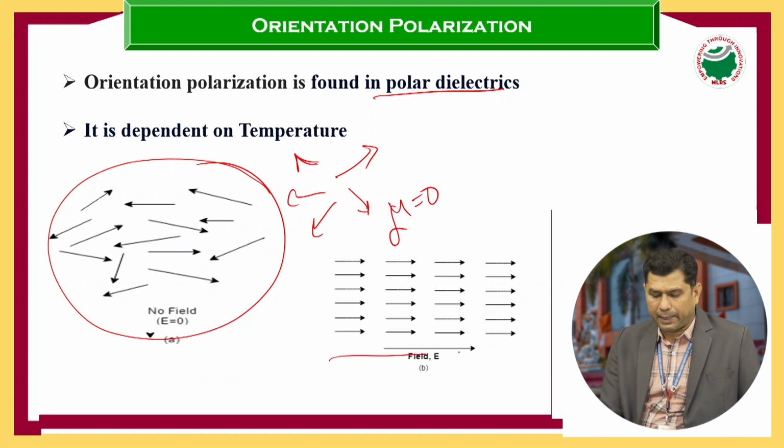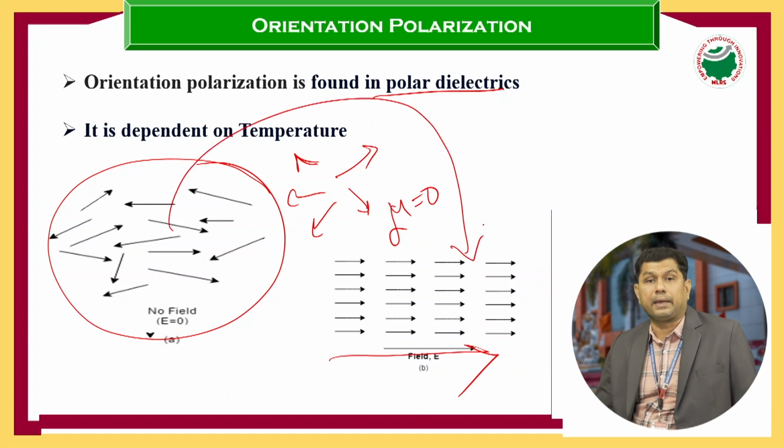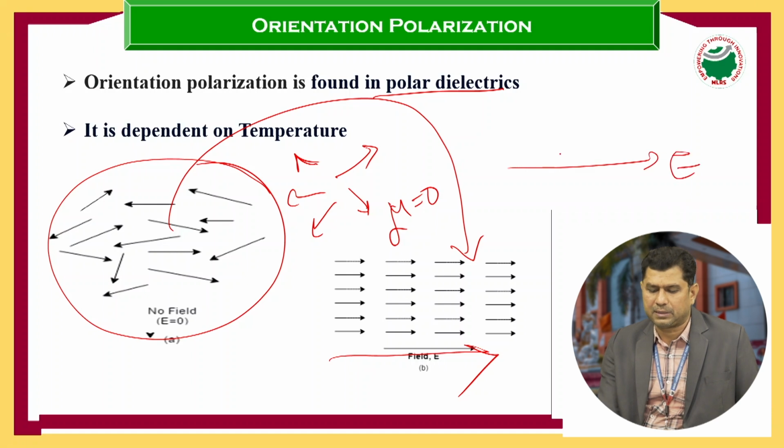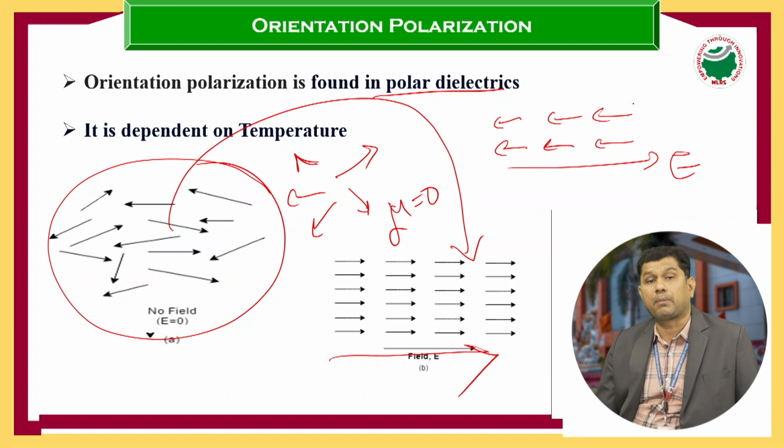When you apply an electric field, then these randomly oriented dipoles tend to align in the direction of the applied field. Here we are showing in the direction of the electric field, but accurately if you apply the field in this direction, the dipoles will tend to align in this direction. But our main focus is systematic alignment.